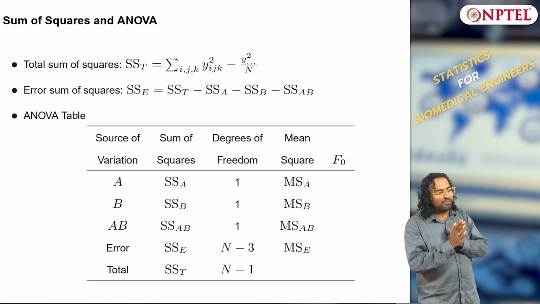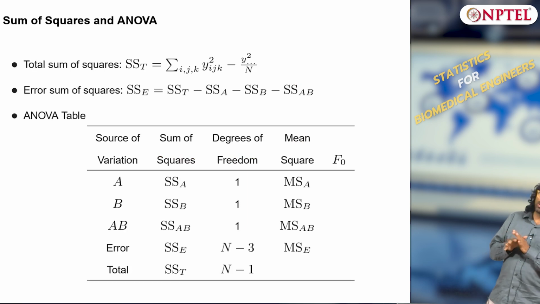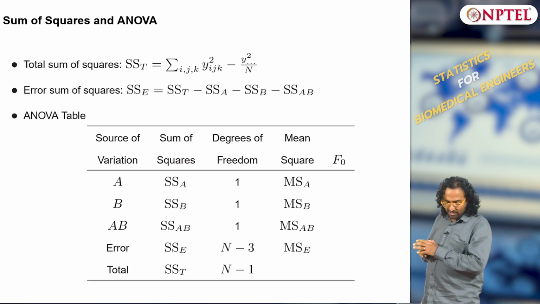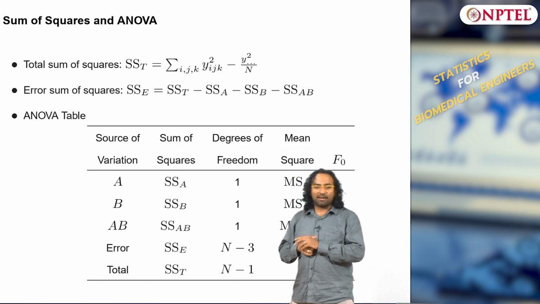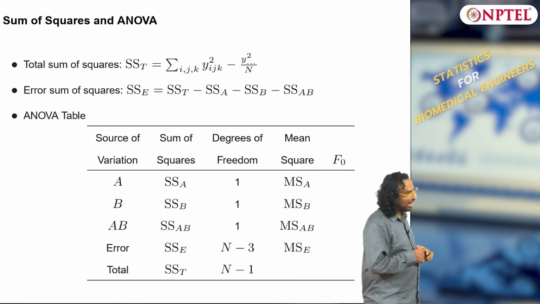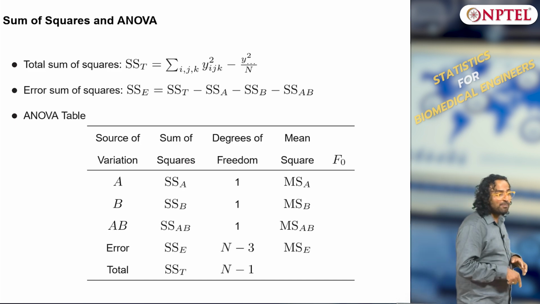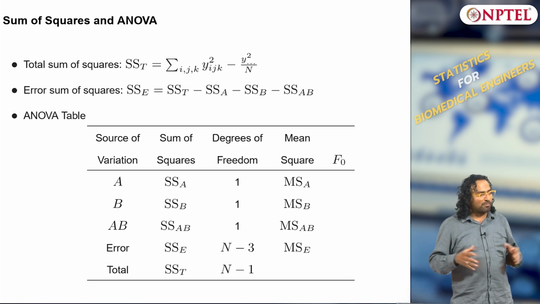All treatments have degrees of freedom 1, because 2 minus 1, 2 minus 1. Your total will be different, n minus 1, where n is the total number of data points accounting for replications. Because of replications you will have more data points.